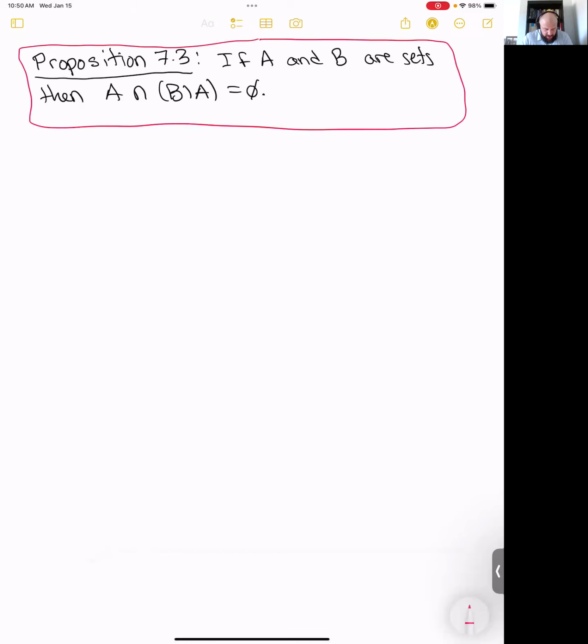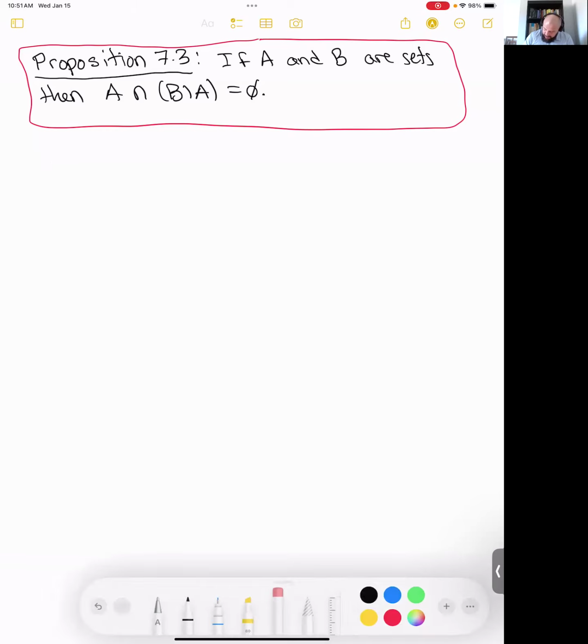Because you feel like if you take away A from B, then there should be no elements of A and B. If you intersect it with A, those are supposed to be the elements which are in common, and there shouldn't be anything in common, right? So again, this is not a terribly deep statement, but it's a good, simple statement to play around with proofs by contradiction.